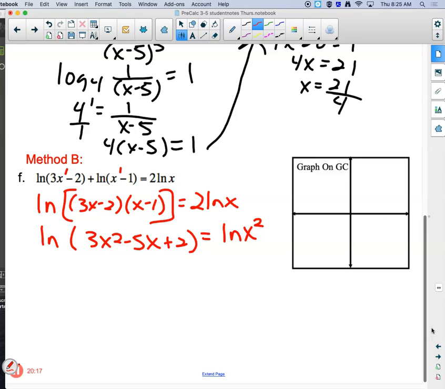Oh, look at that. They both have natural log. Well, of course they do, and that's because this was for method B. So they both have natural log, and we realize, well, we don't need that anymore. We need 3x squared minus 5x plus 2 to absolutely equal x squared. That's the only way this is going to work.